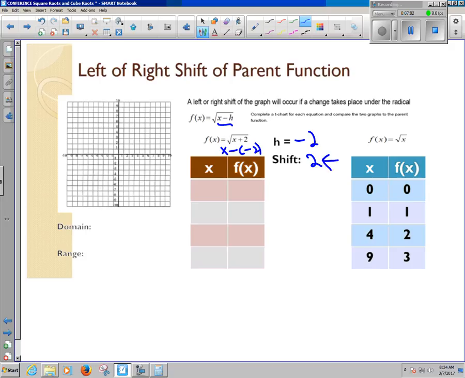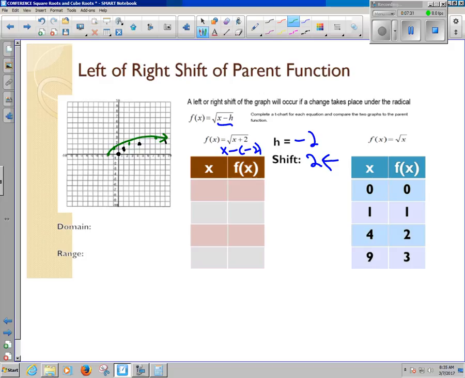Now, if we look at our points on our parent graph, we have (0, 0), (1, 1), (4, 2), and (9, 3). If I were to take all those points and move them 2 over to the left, I would get this set of points right here, which I'm claiming is going to be my shift 2 units to the left.